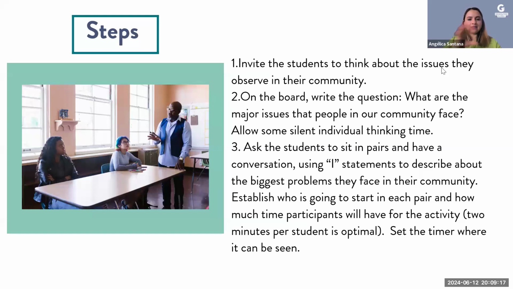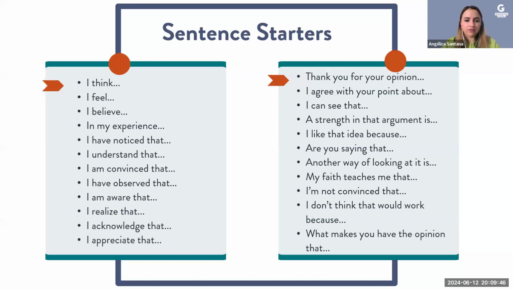You can set a timer so the students are aware of how much time they have left. Then the first student will begin sharing using I statements, describing if they see something around human rights, wealth and poverty, mental health issues or climate change. And then the other student could reflect.